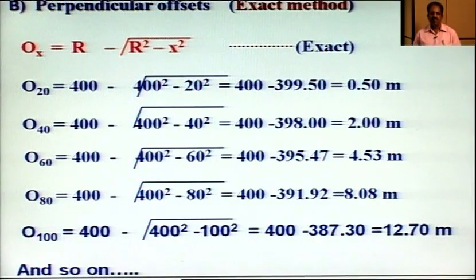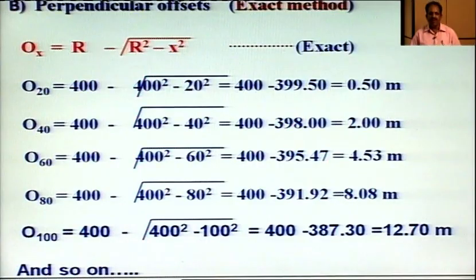Similarly, by perpendicular offsets we can find out various offsets by using the relation OX is equal to R minus the square root of R square minus x square. This is the exact method, and we fill in the values for our numerical problem: x as 20, 40, 60, 80 and 100 meter, and the radius R is 400 meter.